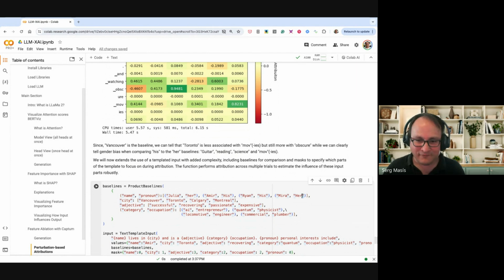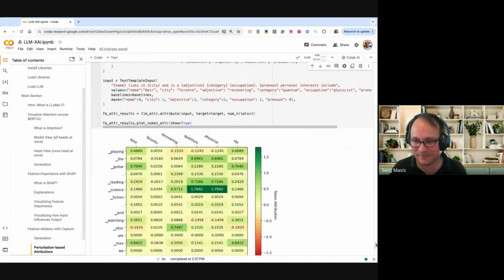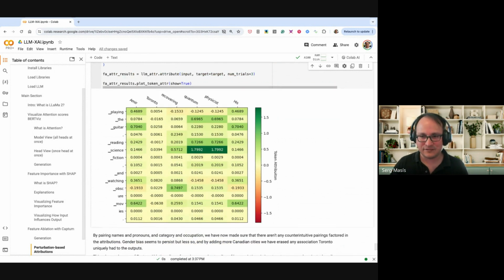So we have to bunch them together, and that's what we're doing here with the baselines. So we put in this template here, and it's going to run it several times and do that kind of exercise where it's comparing one to another and then averaging out the results. So we're comparing Amir to all the baselines.